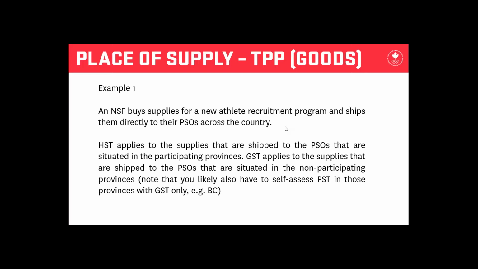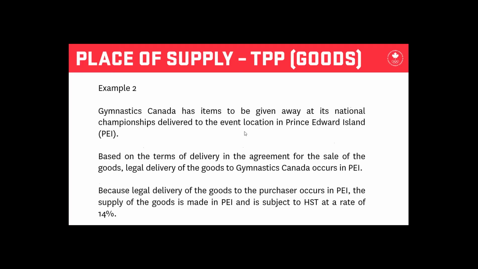In that case, what you would do is you would self-assess. So you would reduce your Ontario liability and you would make an adjustment for the other provinces as laid out in the example below. I apologize, I hope that's clear. If not, I'm happy to come back to it later, but I think as we go through the examples, you'll get a good feel for that.